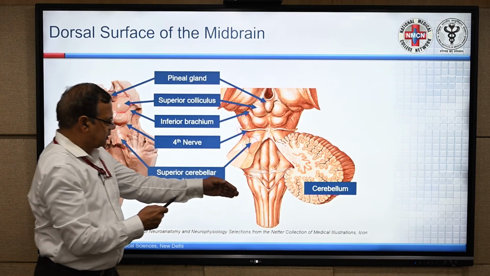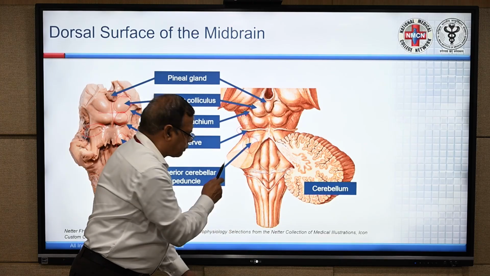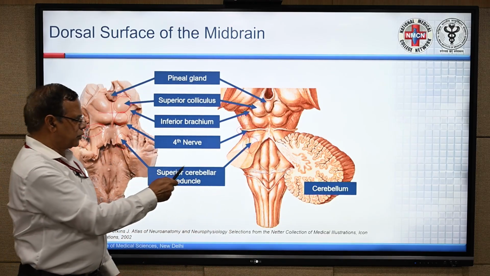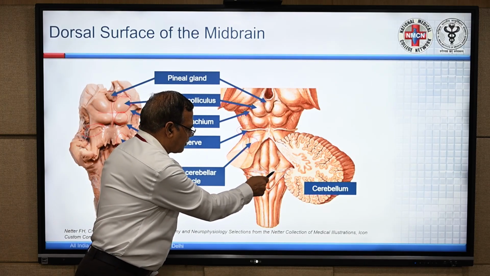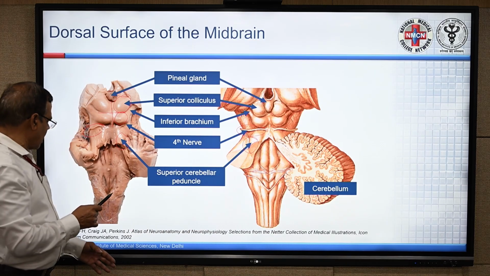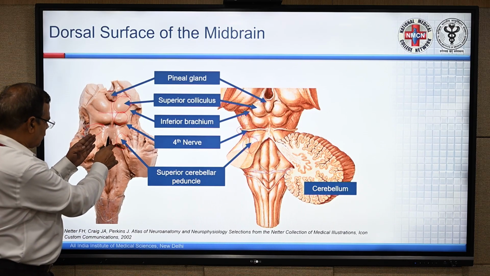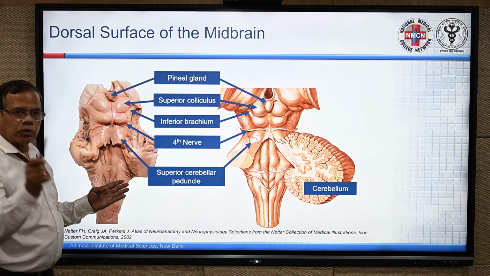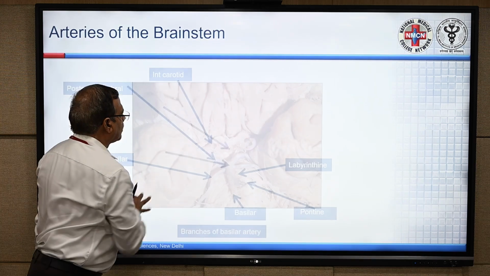The medulla has an open part and a closed part. The boundary between the pons and the medulla are these fibers. These fibers are called internal arcuate fibers. So what you see here is the floor of the fourth ventricle, which is very important for your examination.